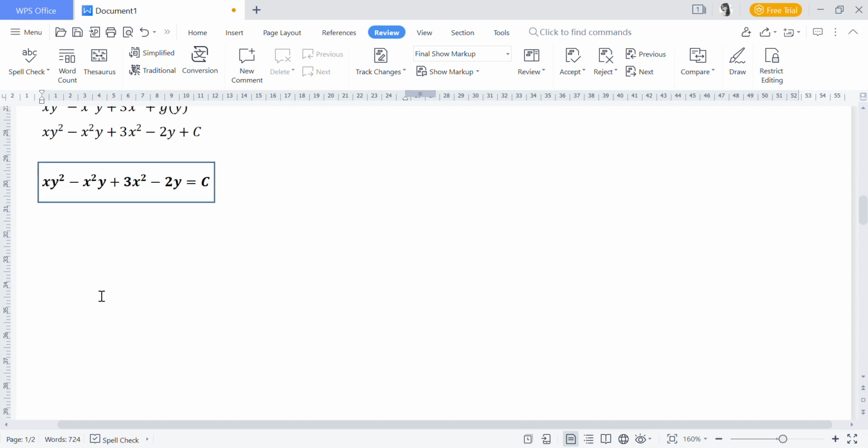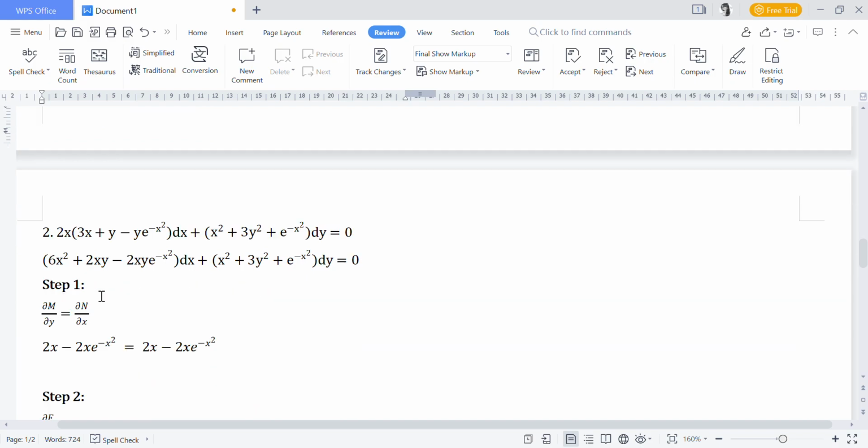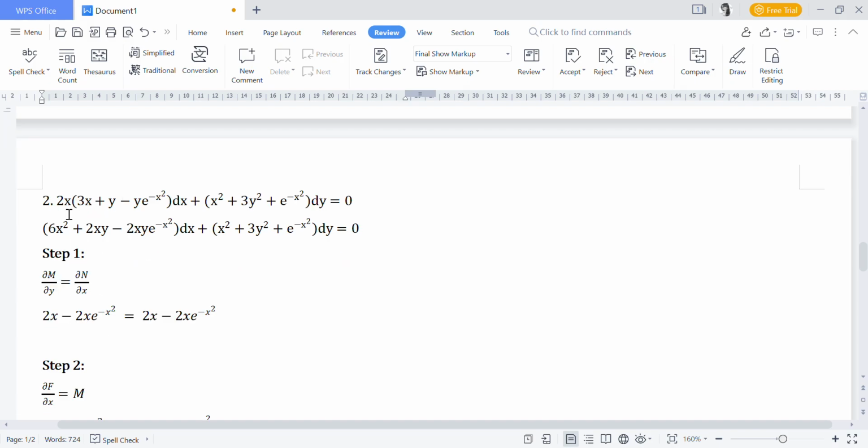Now, let's proceed to the second example. In our second example, we have 2x times (3x plus y) minus y e raised to negative x squared dx plus (x squared plus 3y squared plus e raised to the power of negative x squared) dy is equal to 0. So we'll just distribute this to x so we won't have any confusion later.